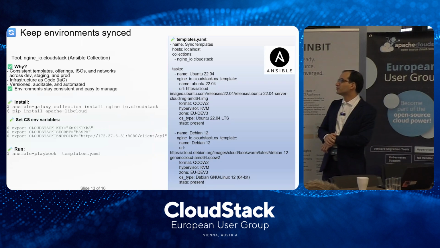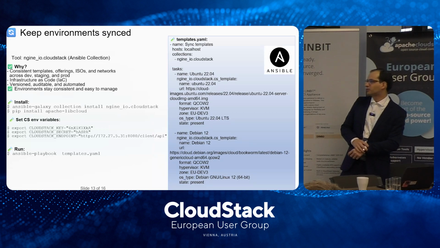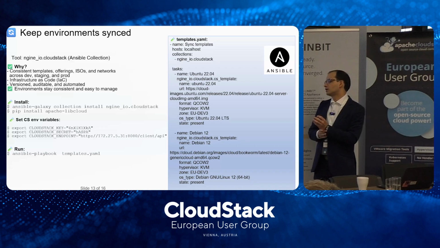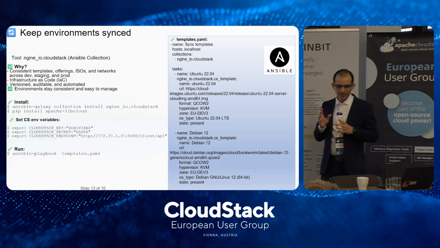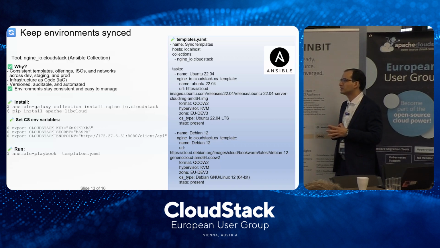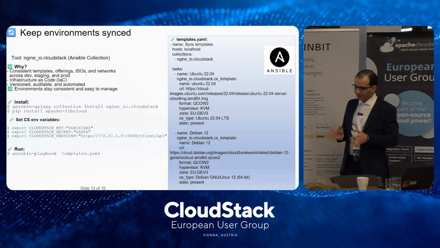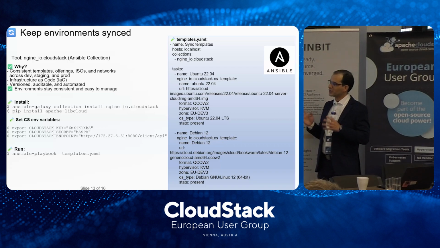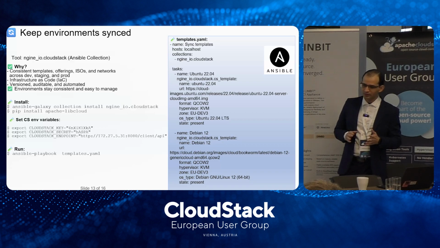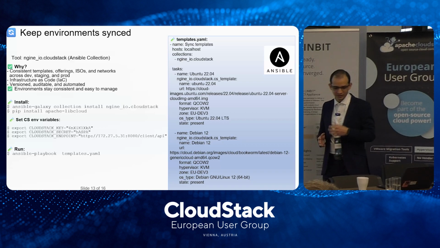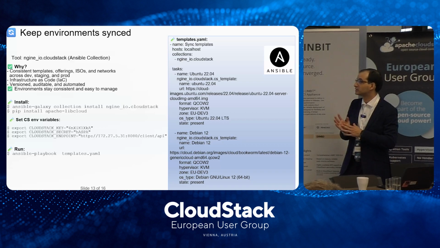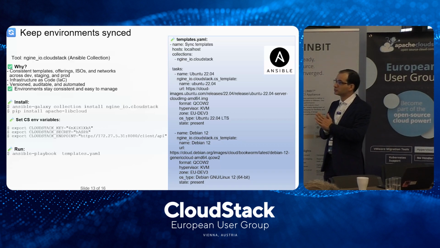Another thing really, really important for us is to keep all the environments in sync. I mean, we really need to have all the environments with the same templates, the same ISOs. It is the only way we can make sure that the things we are developing are going to work in staging or production.